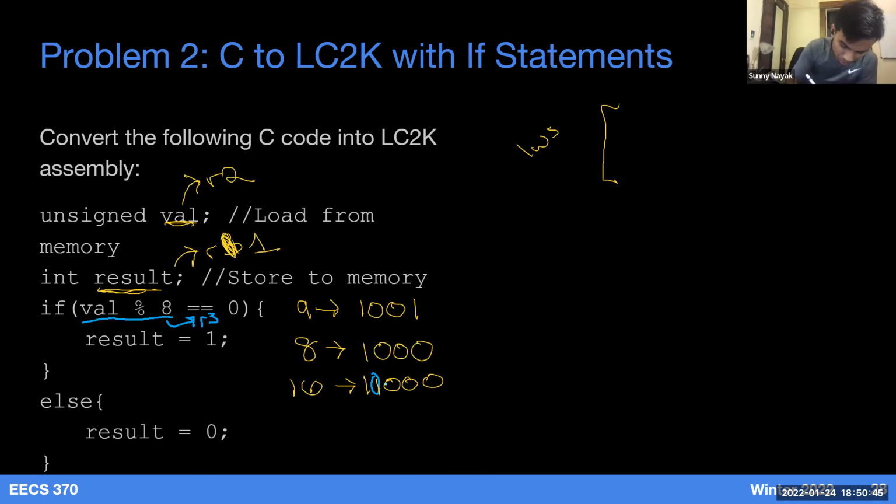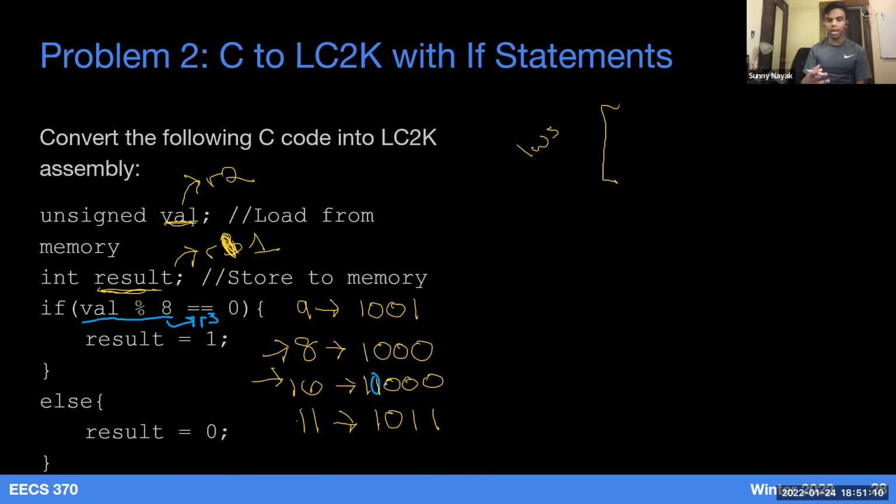And then let's look at one more value, like perhaps the number 11. This is going to look like 1, 0, 1, 1, right?